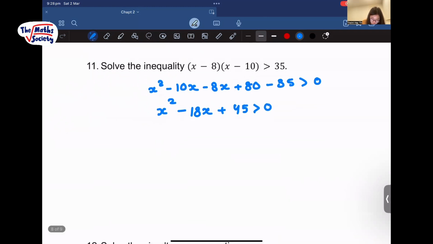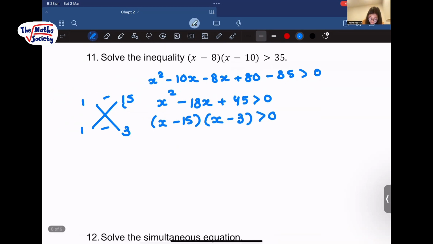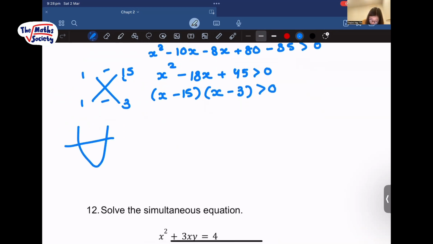Yep. And then to get 45 and 18, it has to be 15 and 3. So it'll be x minus 15, x minus 3, that has to be greater than 0. So we have 3 and 15, so x less than 3 or x greater than 15.